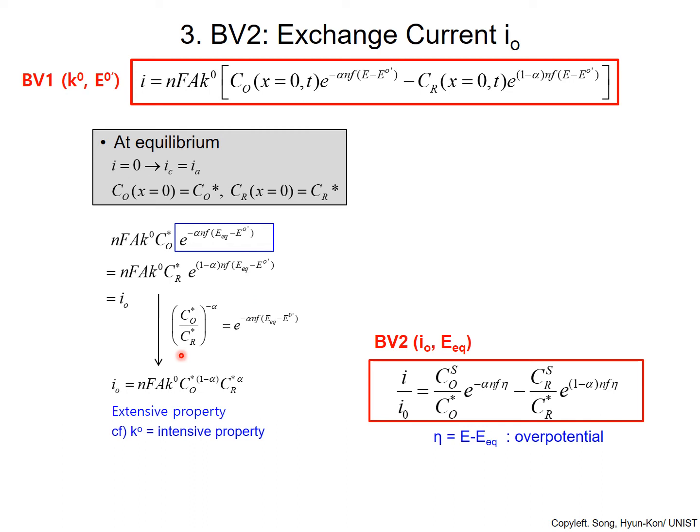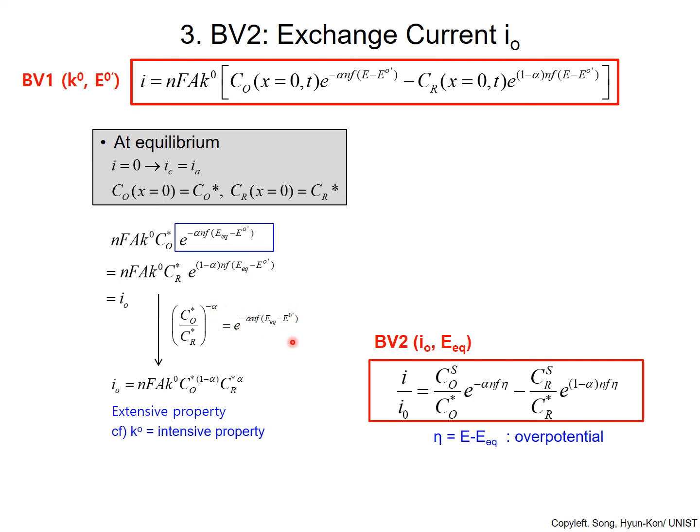Let me divide this equation by the other equation. Then you could obtain C_O star per C_R star equal to the exponential of nF times the equilibrium potential minus formal potential. Then let me put some minus alpha value here.